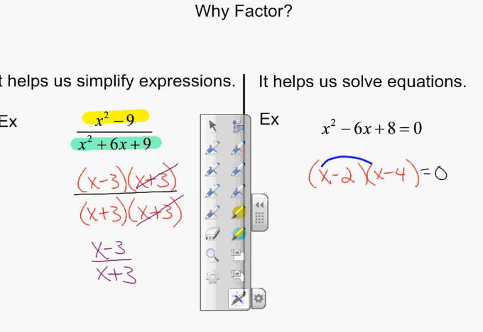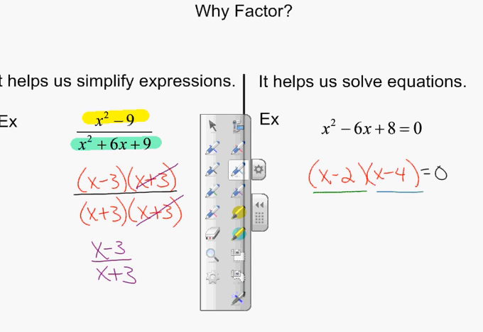And again, if I FOILed this out, I'd get x times x is x squared. I get negative 4x and negative 2x is negative 6x. And then I get negative 2 times negative 4 is positive 8. So it's obvious that these two highlighted expressions are equivalent to each other. Okay, now from here, this will be a lesson in the future as well, you can do the following. You can see that you've got two factors here whose product is 0.